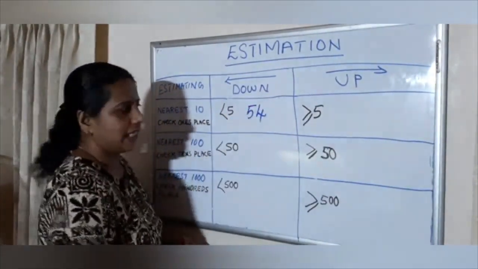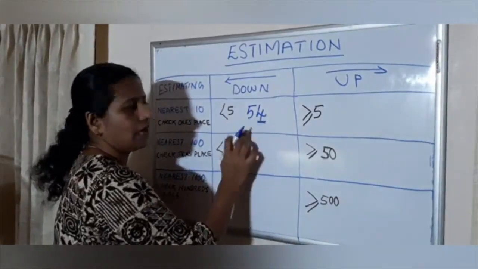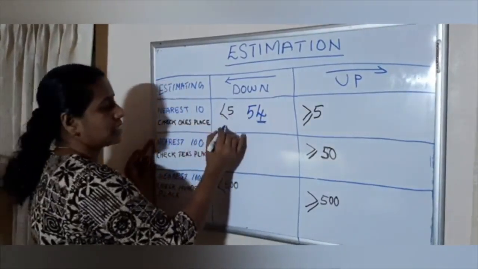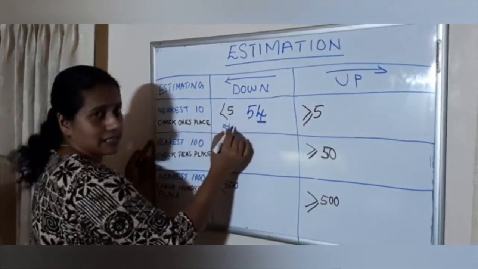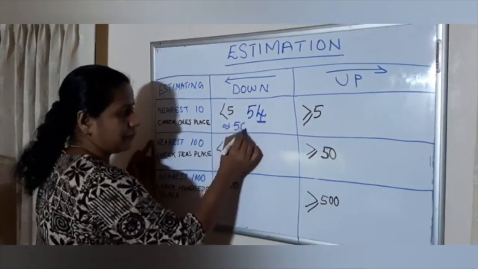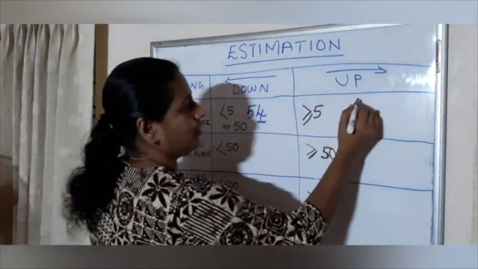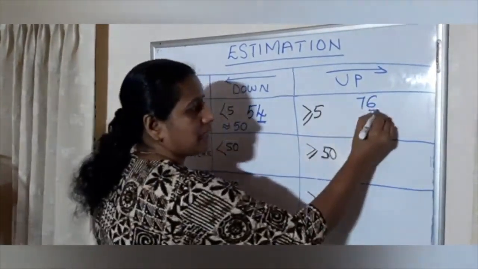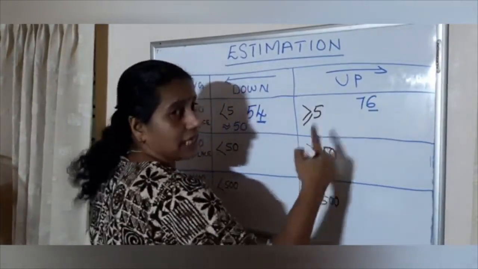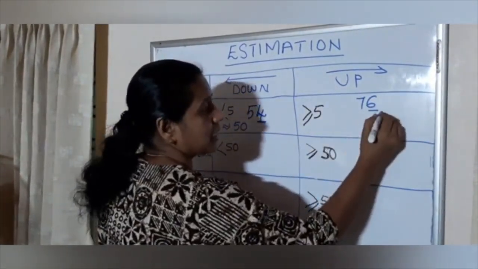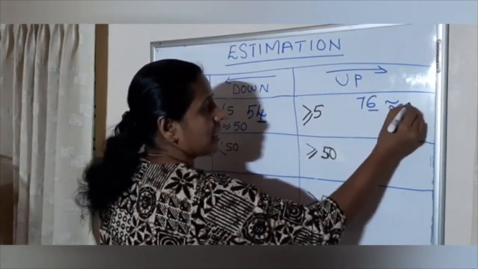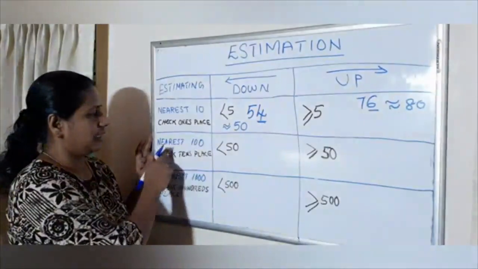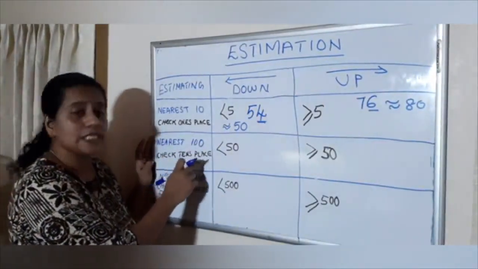Okay, now take an example. 54, here the ones place is 4 and 4 is less than 5, so the estimated value is 50. If it is 76, here the ones place is 6, so it is rounded up, so the estimated value is 80. Next, nearest 100, that is check the tens place.